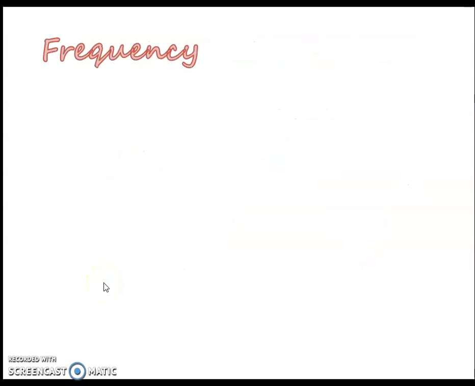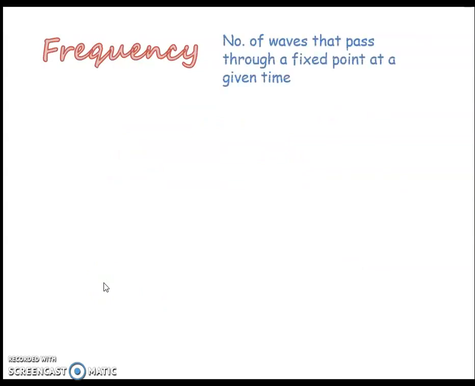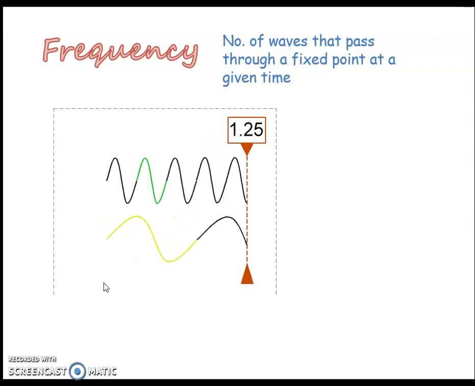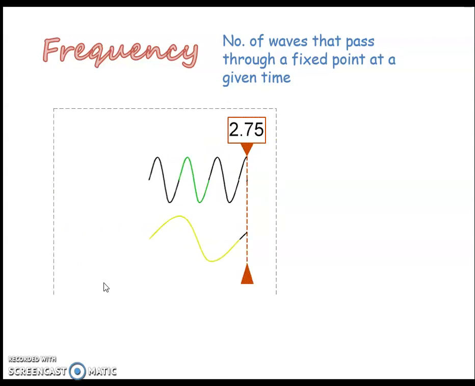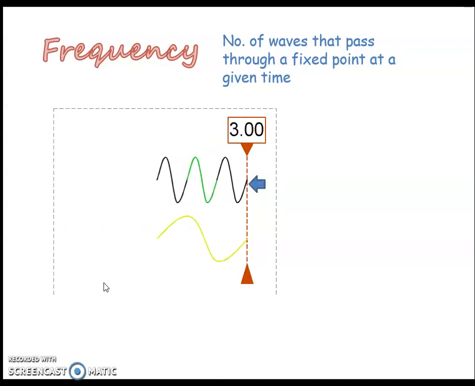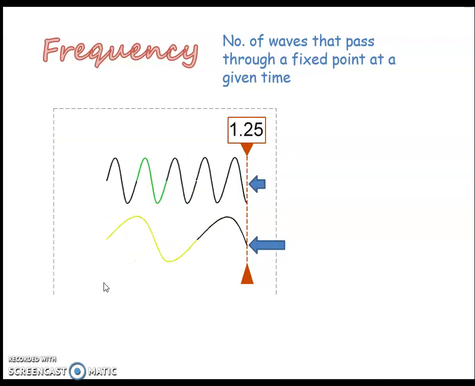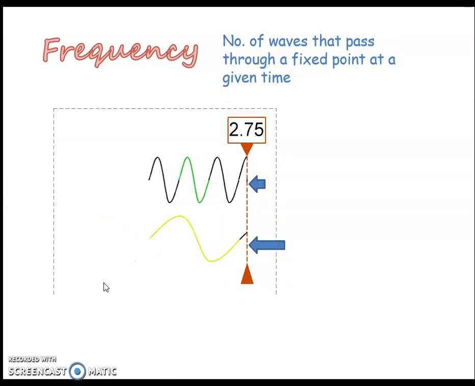Another property of a wave is the frequency, which is the number of waves that pass through a fixed point at a given time. You can see two waves traveling at the same speed. One has a shorter wavelength and the other has a longer wavelength.